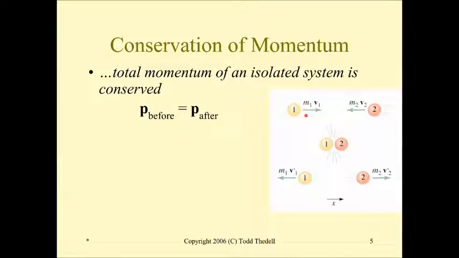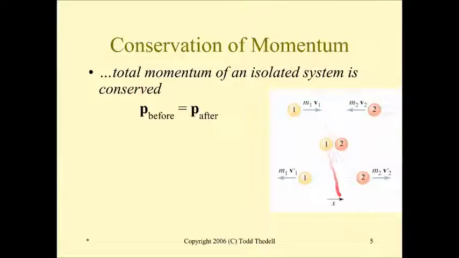Let's take these two balls. Here's the beginning picture, right? Ball 1 has, so we subscript it, mass 1 and is going velocity 1. It happens to be going to the right. And we have mass 2 and velocity 2 going towards it, the opposite direction, right? And so we can actually calculate the before picture.